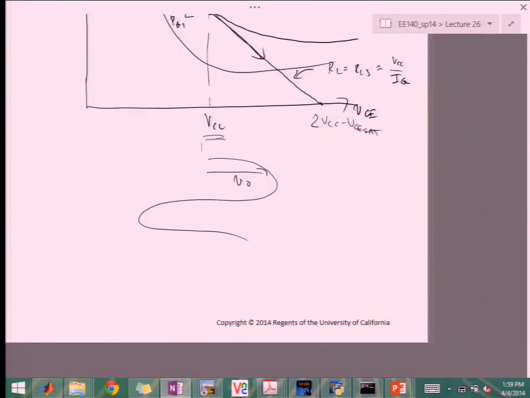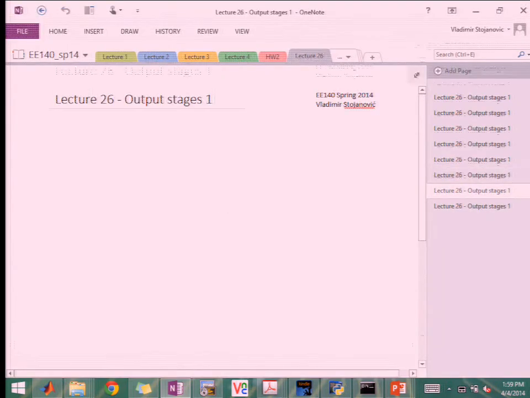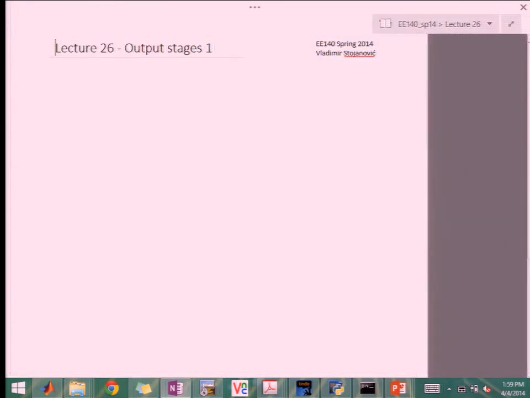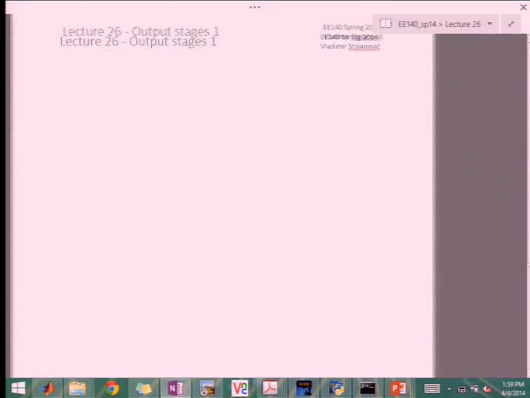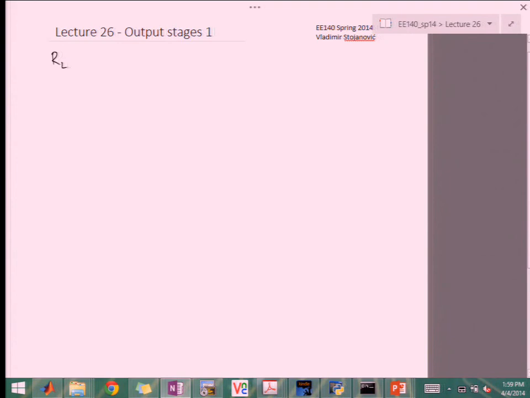Okay. In looking at the emitter follower, you can sort of distinguish a few load scenarios for RL goes to infinity. Our PQ max, our load line would actually look something like this, right?